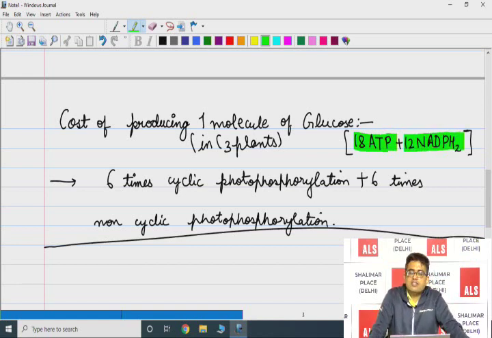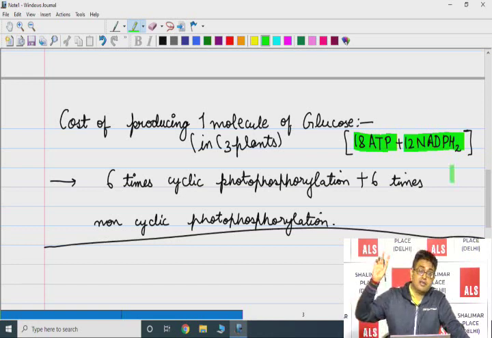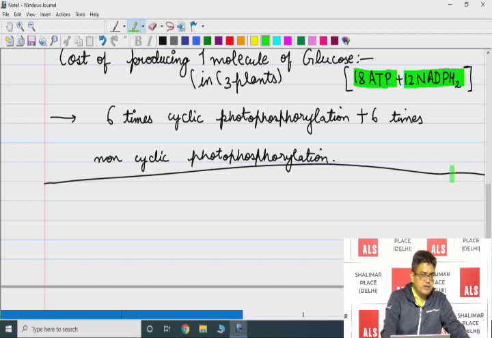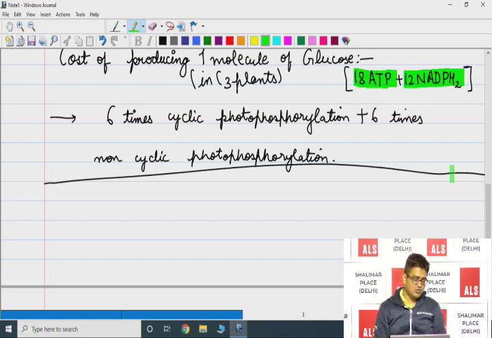So you can see the difference, right? 30 ATP. C4 plants will be using more ATP, same NADPH2, but more ATP. Still they are more efficient. So why is that? Because C3 plants have a habit of wasting so much.